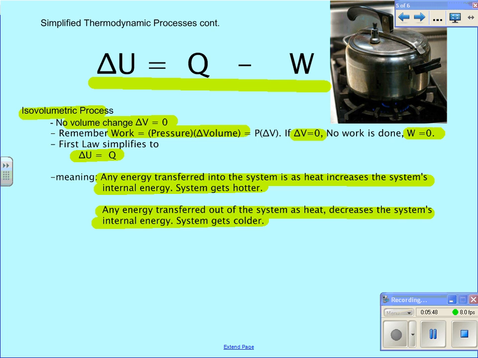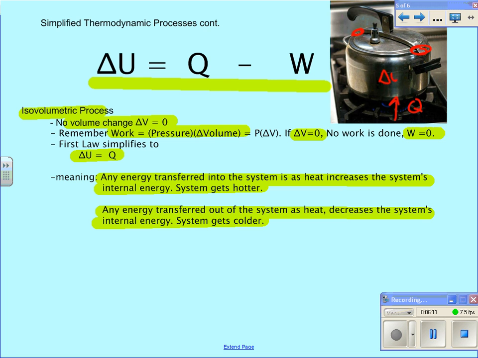So what's a purely isovolumetric process? There aren't a lot of them in nature that are purely isovolumetric, but a pressure cooker might be an example. We put the lid on and it latches on tight, and as we pump in Q, what happens to the temperature inside?